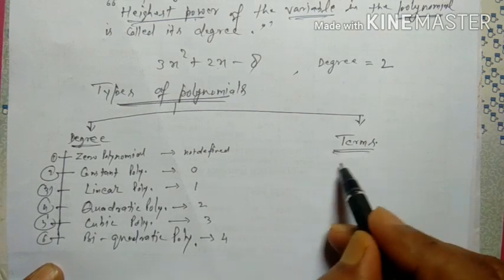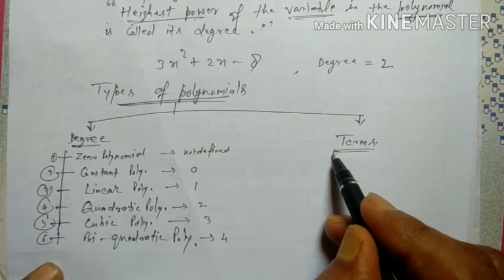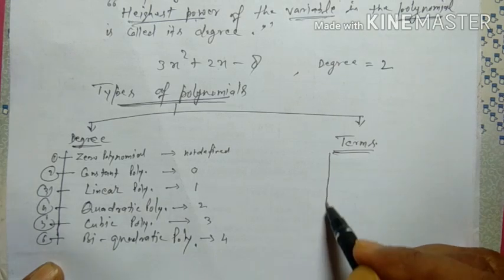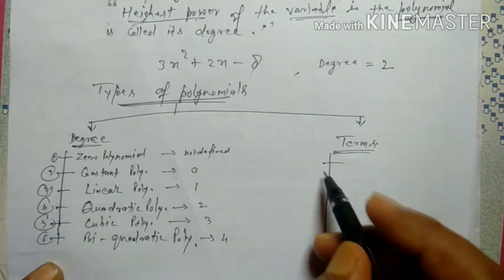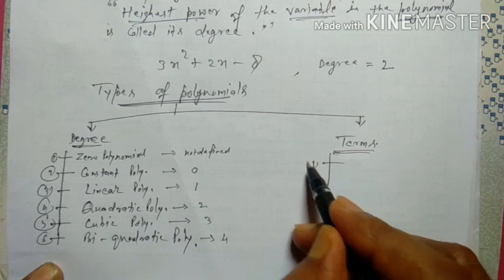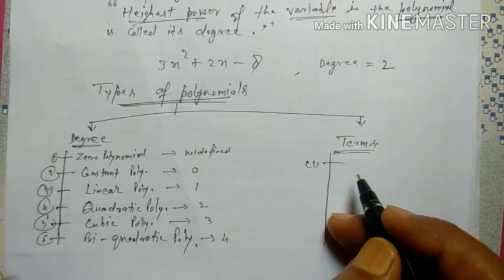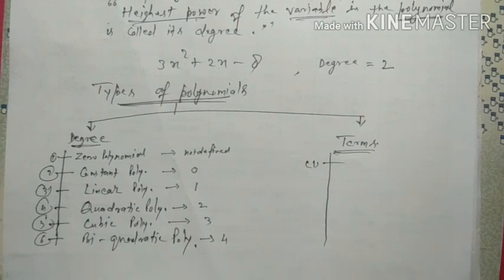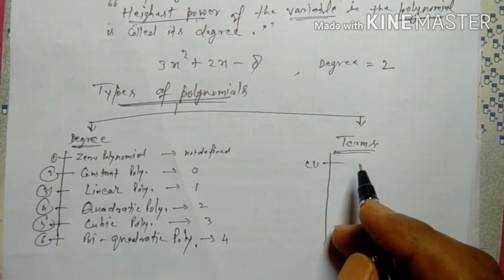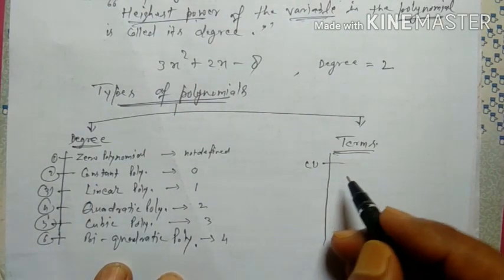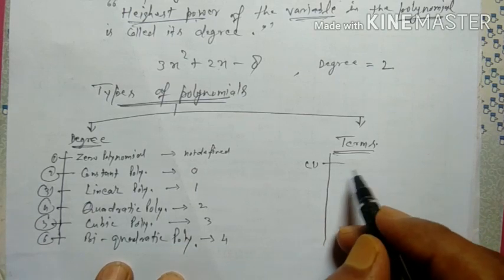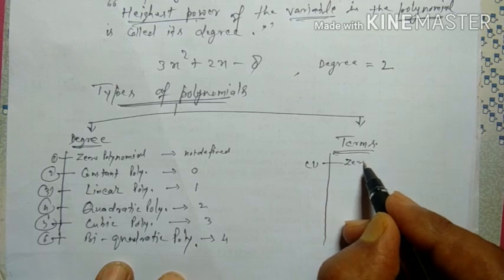Now let's see the types of polynomial on the basis of terms. In earlier classes, we learned about this classification. First is zero polynomial.